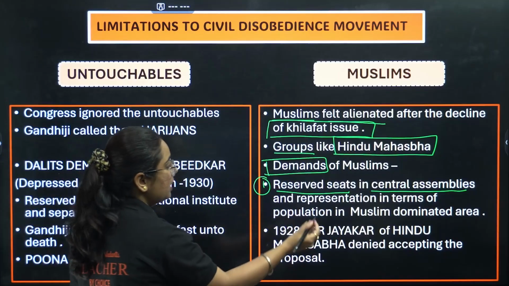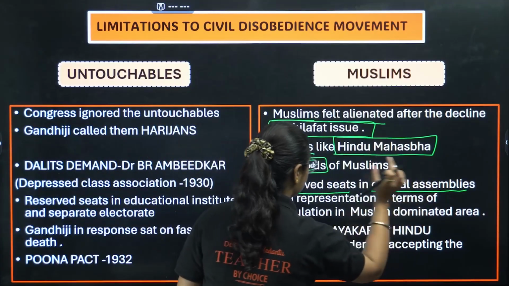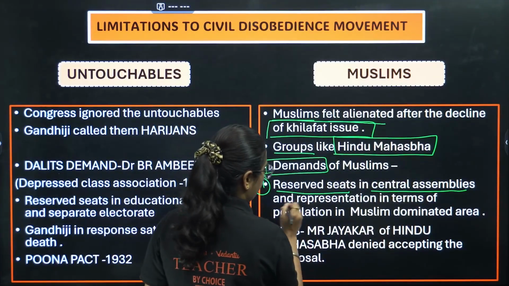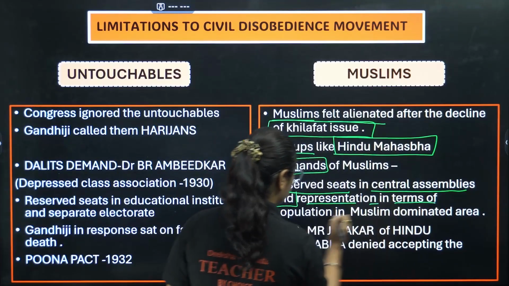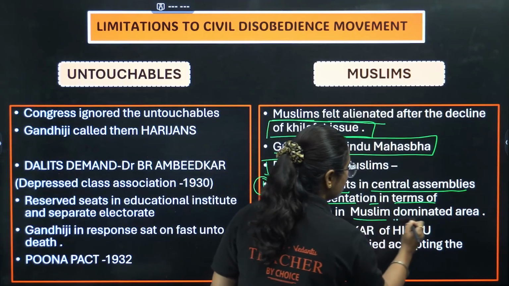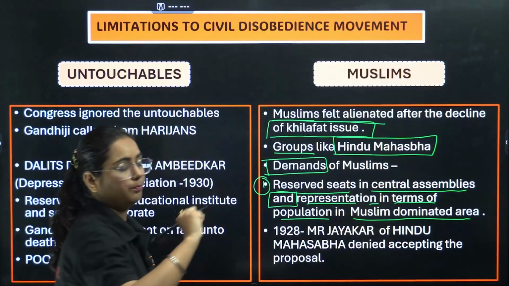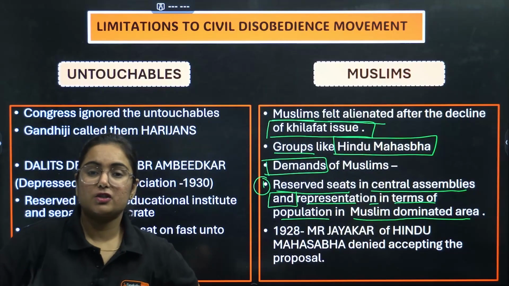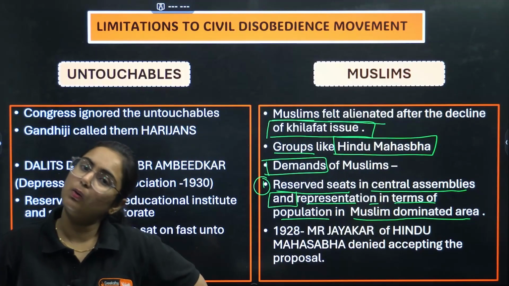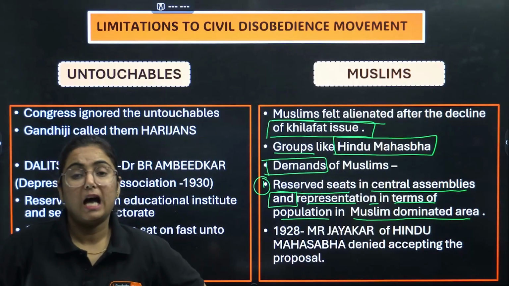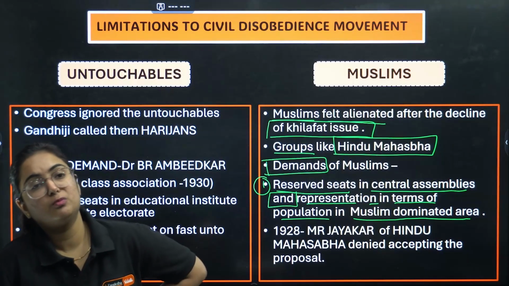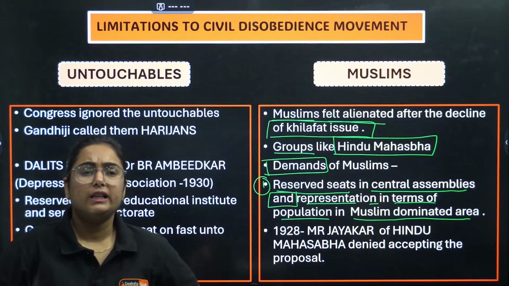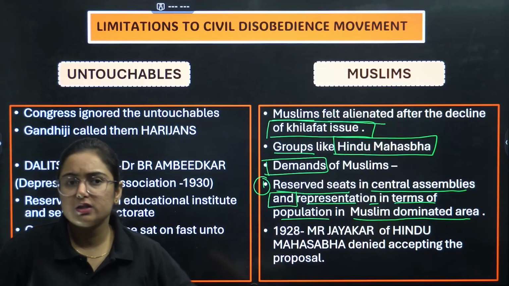Let us see first. Reserved seats in central assemblies, and now this is a complex one, representation in terms of population in Muslim dominated areas. Now see, reservation we consider because you were in minority, but now you wanted representation in terms of population in Muslim dominated areas like the Northwest Frontier Province or Bengal region.